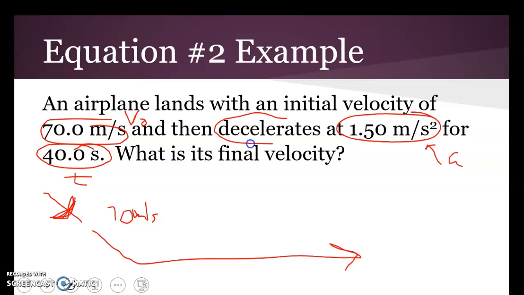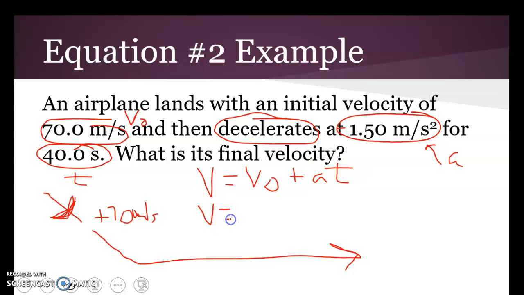But look at this, decelerates. So we're slowing down. If we assume that we're going positive 70 meters per second and we're slowing down, our acceleration is going to have to be a negative number. So negative 1.50. And now we want to solve for final velocity equals initial velocity plus acceleration times time.